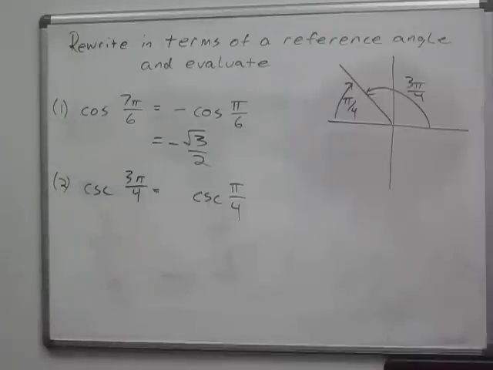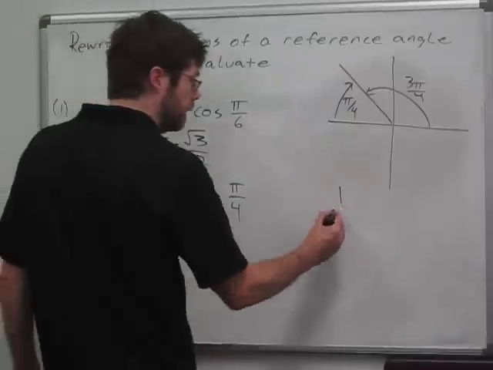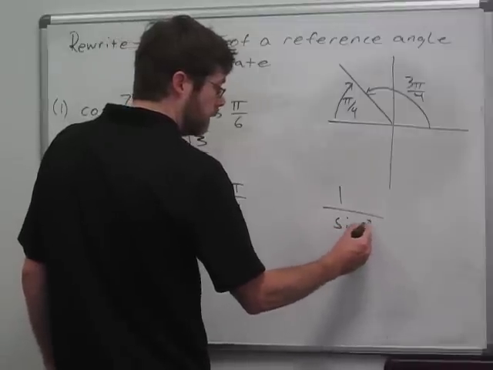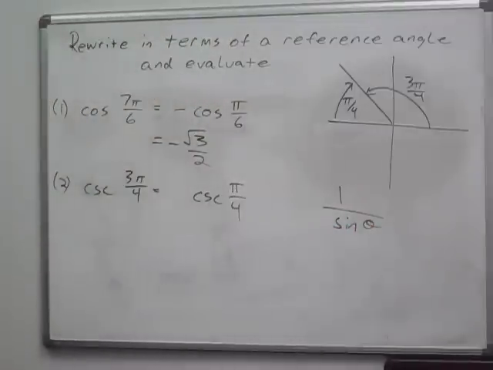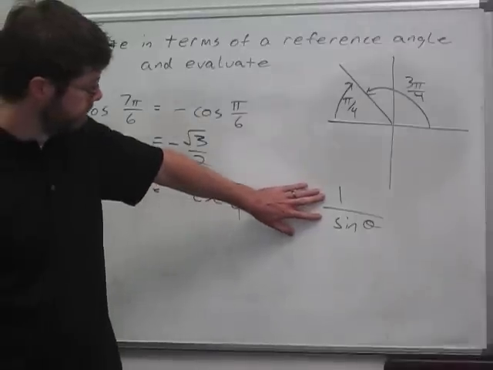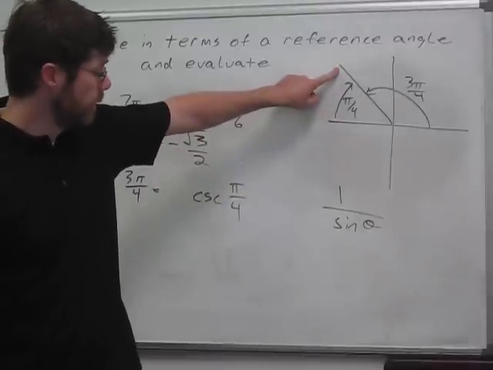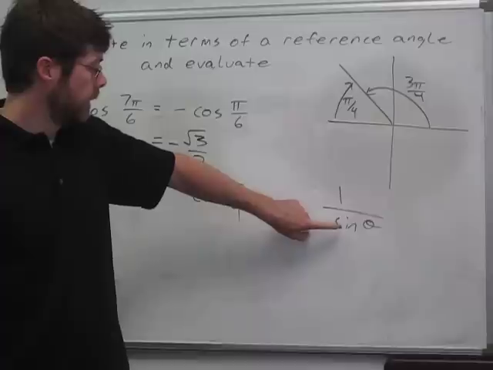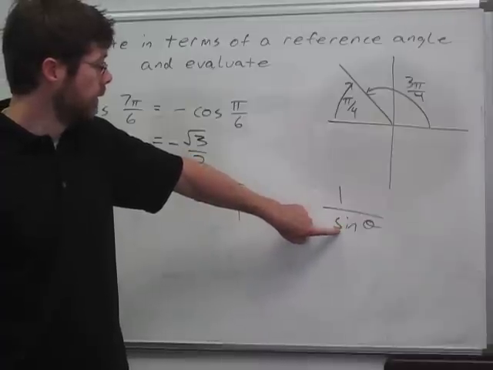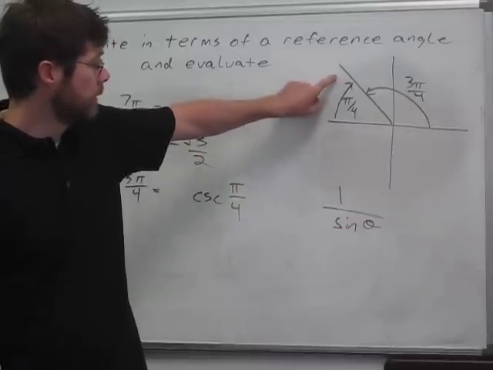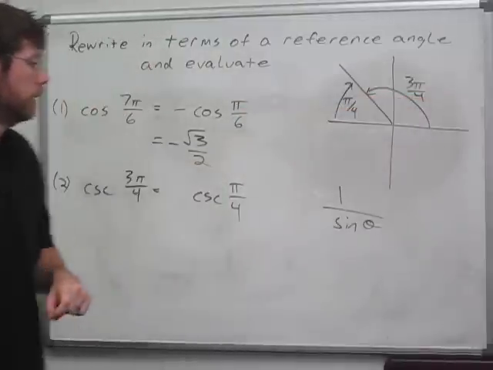And whenever we deal with cosecant, life is probably easiest if we think in terms of 1 over the sine, right? So this expression in quadrant 2 is going to be positive, right? Because sine of theta, our sine function, is positive in quadrant 2 as well as quadrant 1.